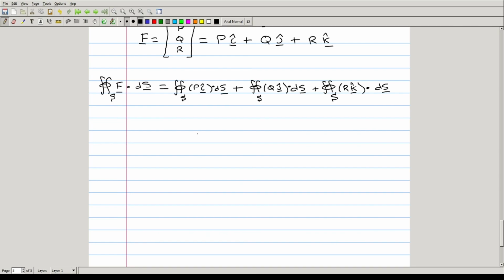We're going to consider each one of these integrals individually, because this is where the real magic is going to happen. Specifically, we'll start by considering this integral right here.